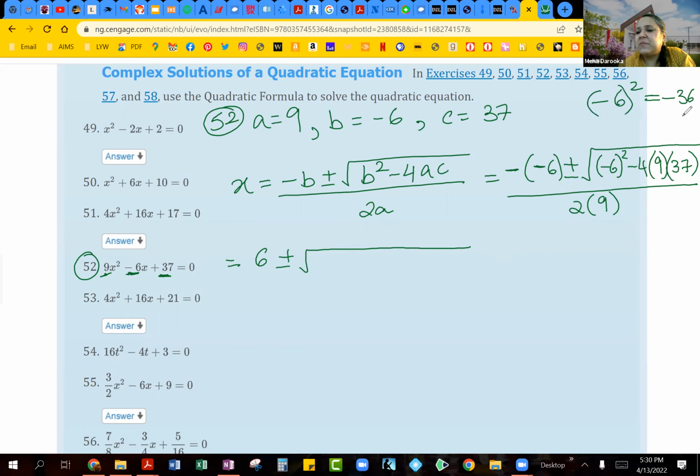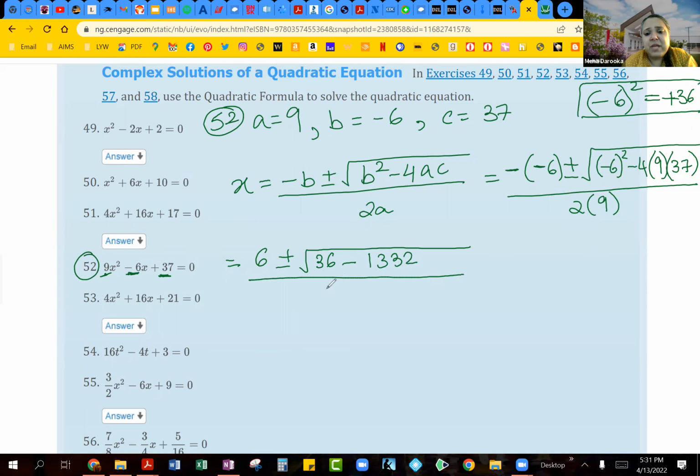So when you put this in parentheses, that means you're doing negative times negative and you end up getting positive 36 as your answer. So be careful when the b itself is a negative number. So negative times negative will give us a positive 36 here, minus, then we're doing 4 times 9 times 37. So that'll come out to be a fairly large number, 1332.